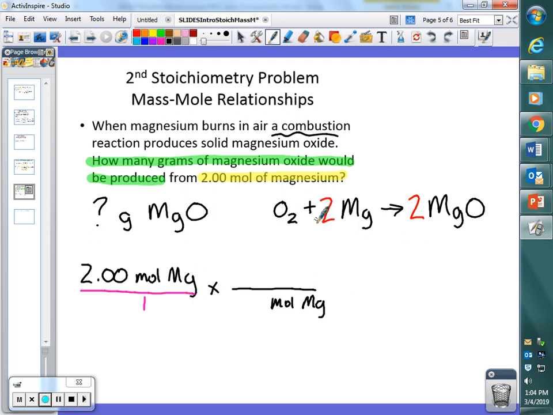So I can put moles of magnesium on the bottom, and I can follow that up with moles of magnesium oxide on the top. I can do this because they're both moles. This is an okay step. This is the mole ratio.